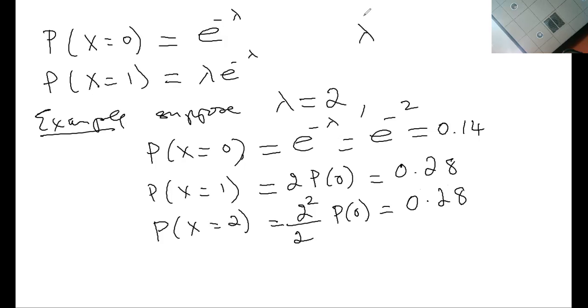Remember, it is lambda to the x over x factorial times e to the minus lambda. So if x equals 2, this is x. If x equals 3, it will be 2 cubed.